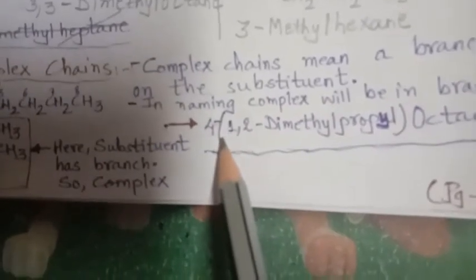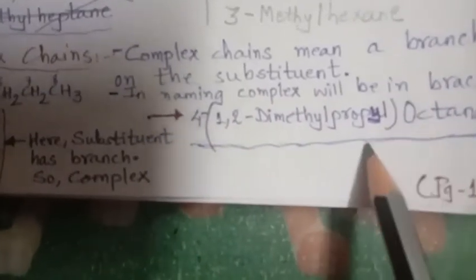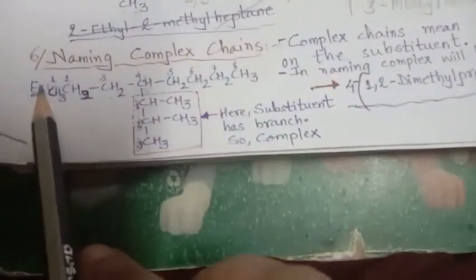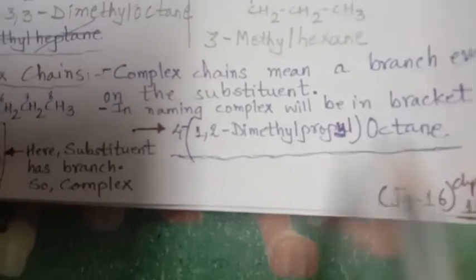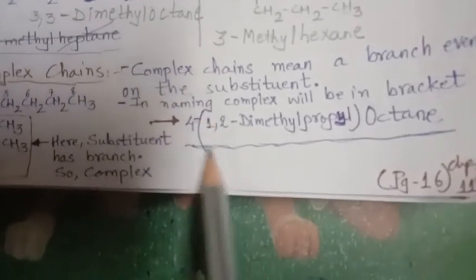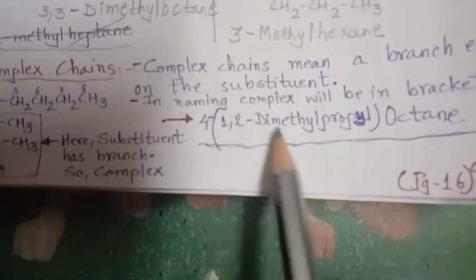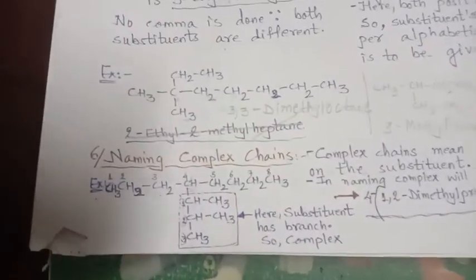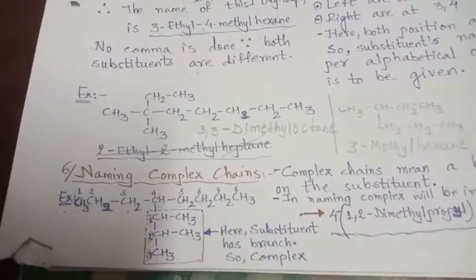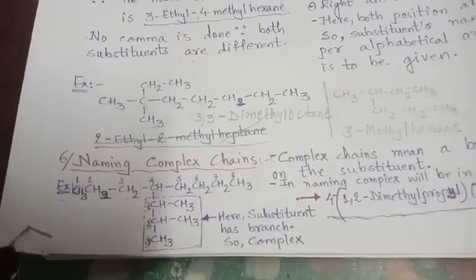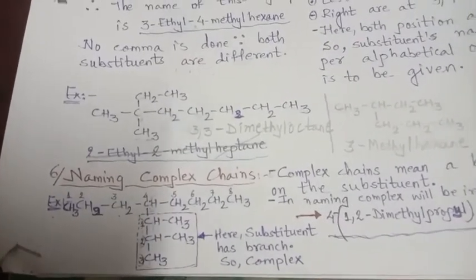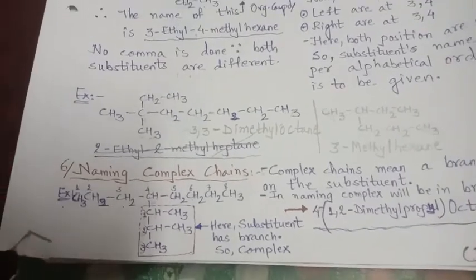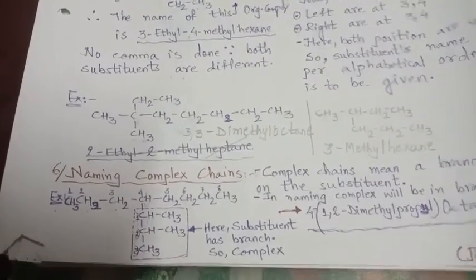So in the bracket 1, 2 dimethyl propyl, and the total parent chain carbon is 8, so it will be octane. 4 hyphen into bracket 1, 2 dimethyl propyl octane. Clear? All these examples which I have done and which I am explaining, practice them once again yourself also. Only then will you be able to understand.